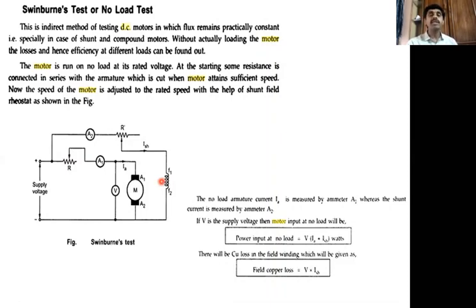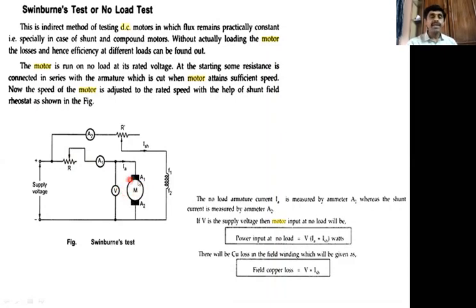That means at the beginning, armature resistance is at maximum position and field resistance at minimum position. So slowly the resistance in the armature is cut, then what happens? The voltage applied across the armature increases, therefore speed increases.